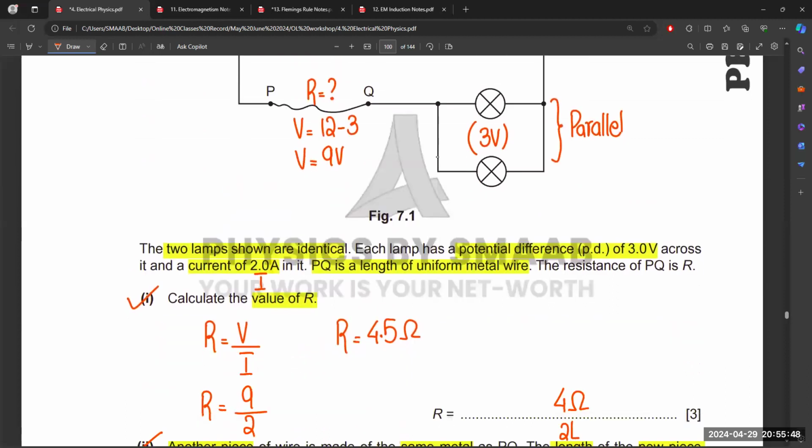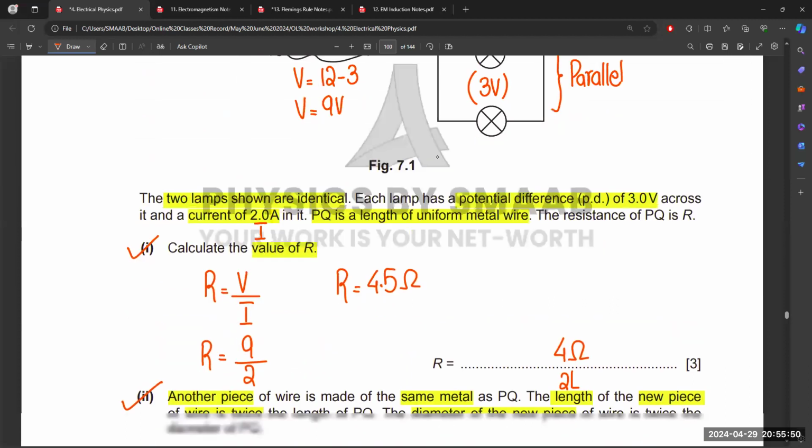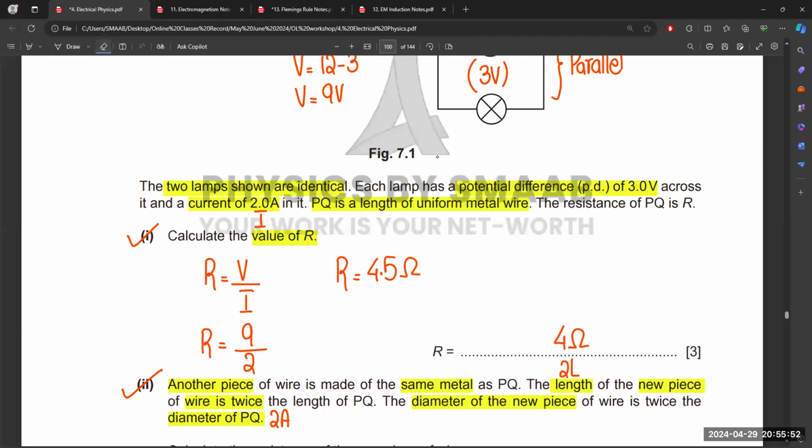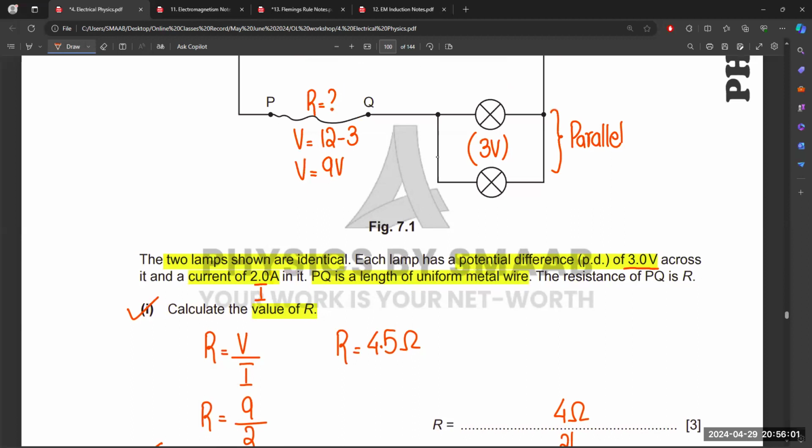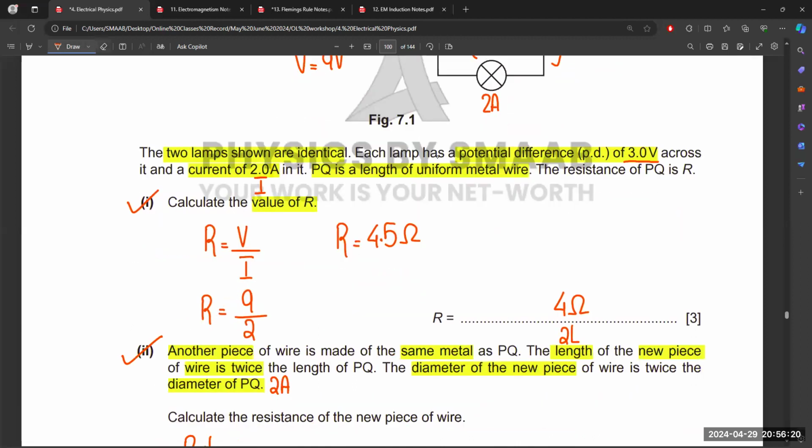Okay, one more thing: we made a mistake in the first part. In the question, it is mentioned the potential difference of each lamp is 3 volt and current of 2 ampere. So basically 2 ampere is for a single lamp, 2 ampere, 2 ampere. Both are connected in parallel, so the current divides into two parts. It means the total current passing through PQ is equal to 4 ampere. So we have to correct this value.